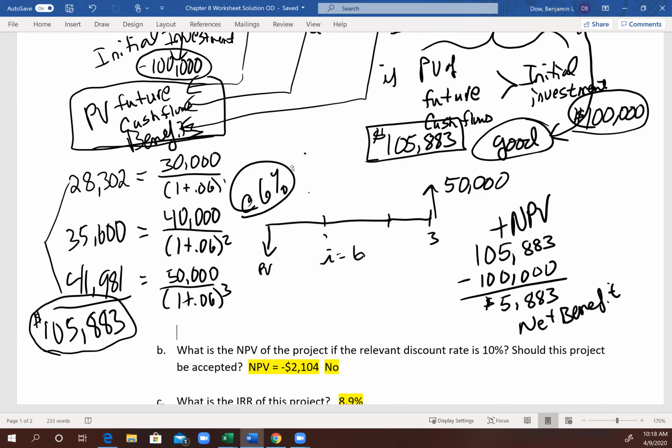And then I'm going to enter in 100,000. Use my plus minus key to make it negative and hit enter. Then I'm going to use the down arrow key, and I'm going to type in 30,000 and hit enter. Then my down arrow key, leave it at 1. That's how many times it repeats.